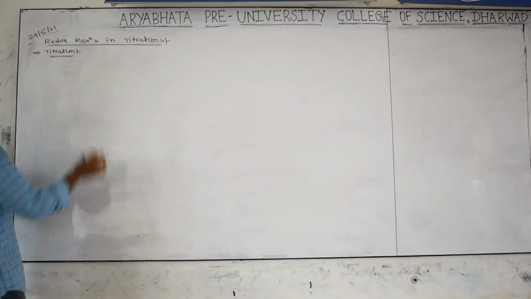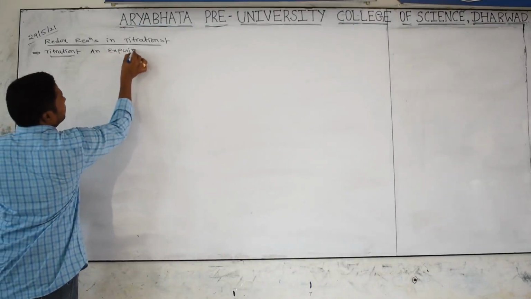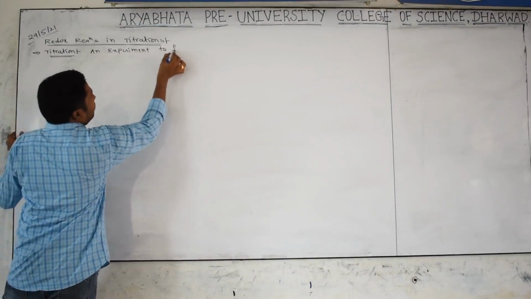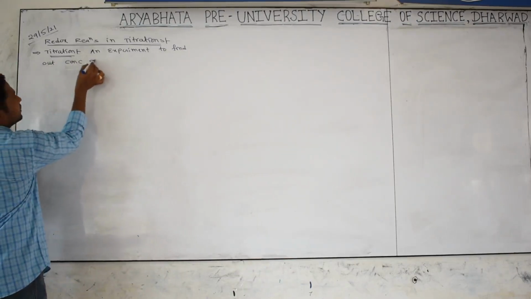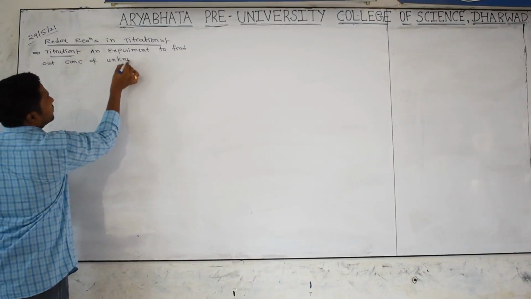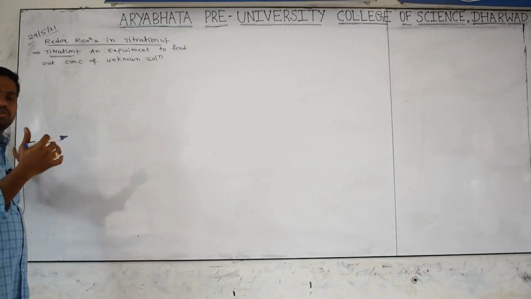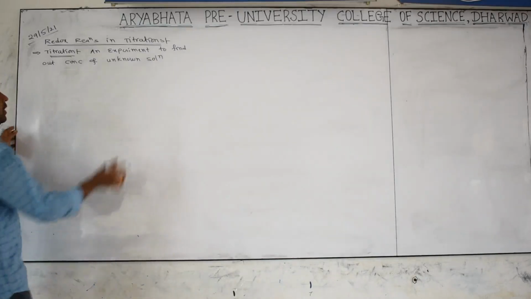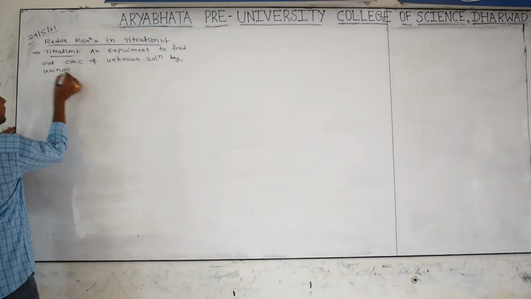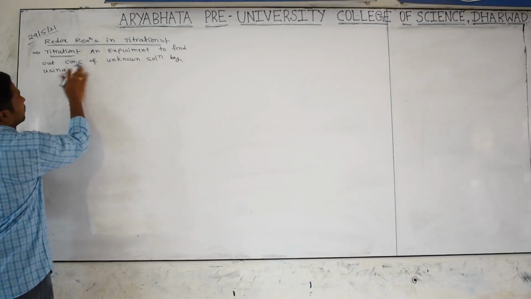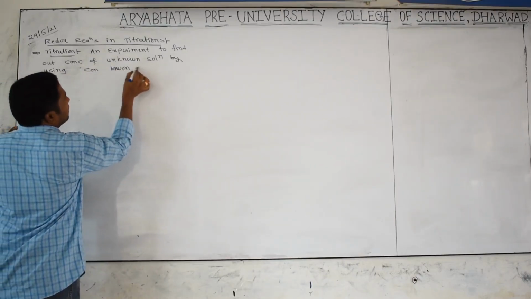So titration means an experiment to find out the concentration of an unknown solution, which concentration we don't know, that is called an unknown solution, by using a known concentration solution.